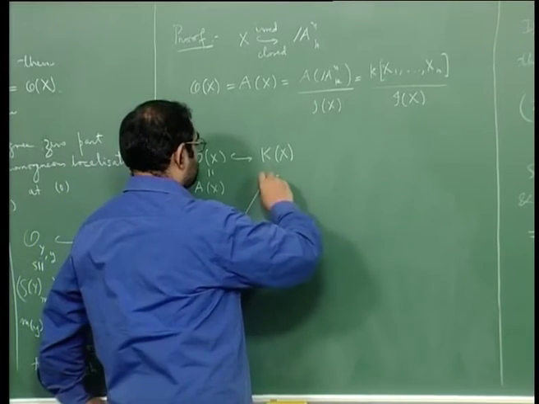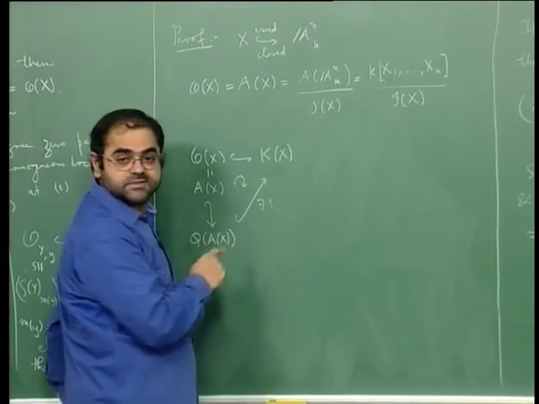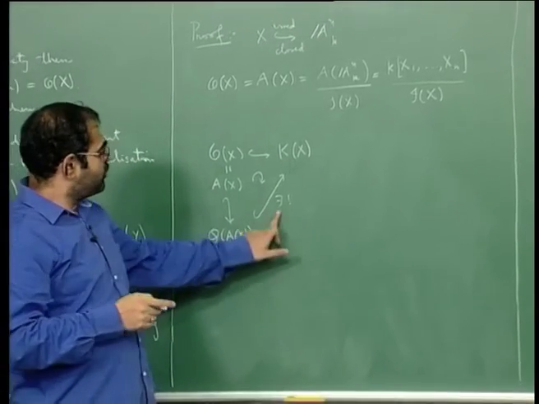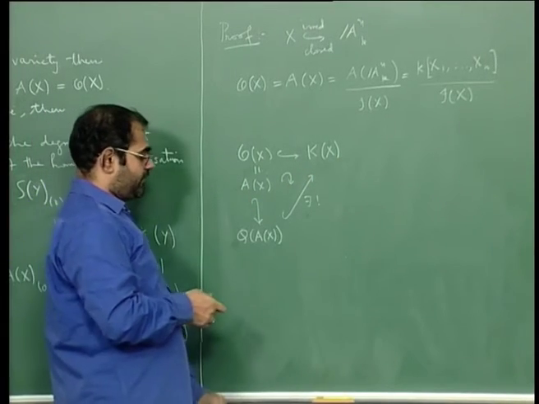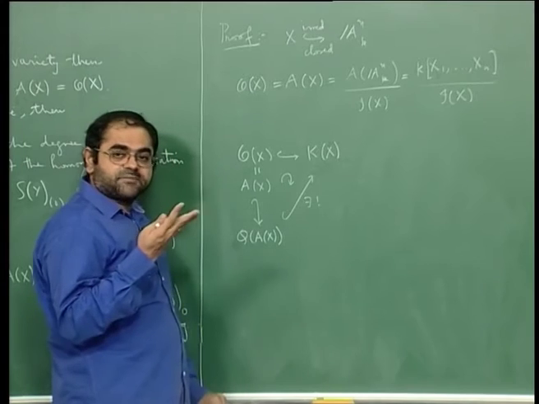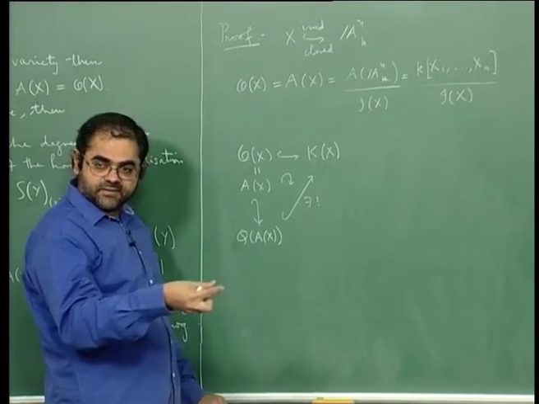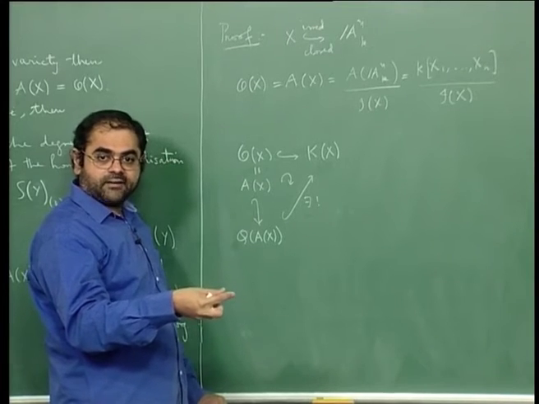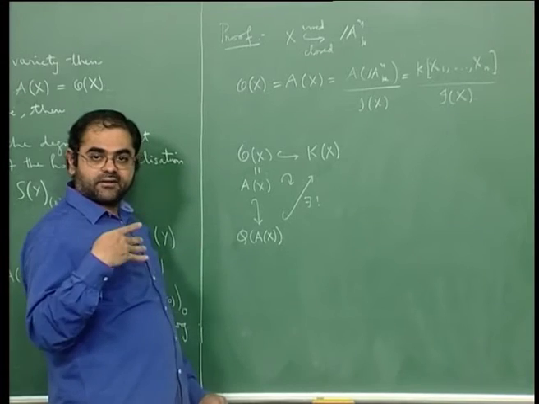Therefore you get a unique ring homomorphism from here into this. This ring homomorphism just expresses the fact that an integral domain sits inside its field of fractions, and the quotient field is the smallest field which contains that integral domain.